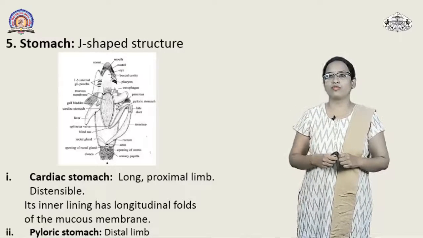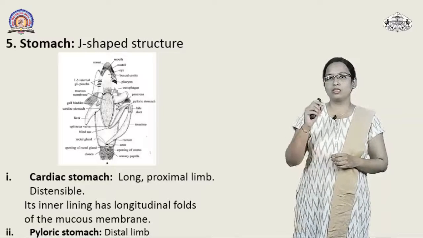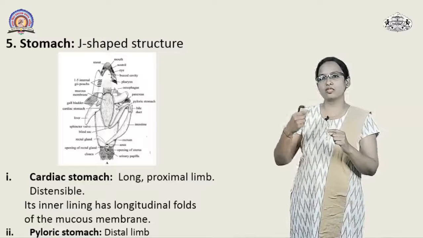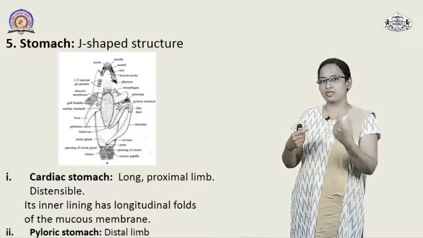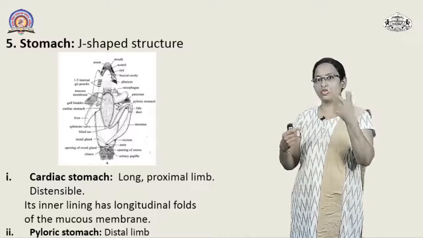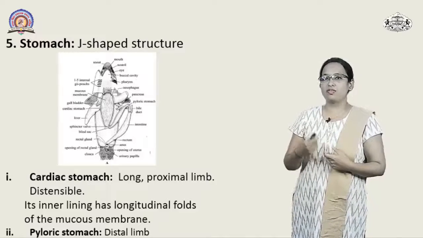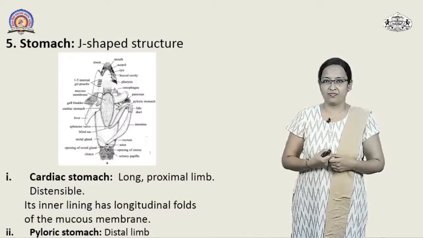Now let's move further. Let's talk about the valves that are present. There is a valve between the esophagus and stomach. The entry of food from the esophagus to the stomach will be guided by a valve. This valve is crescentic in nature and is called the esophageal valve.